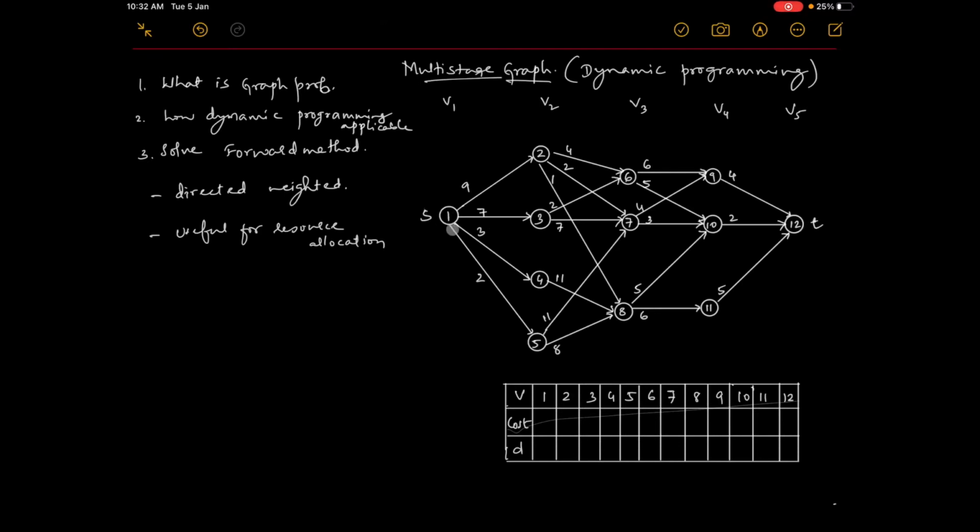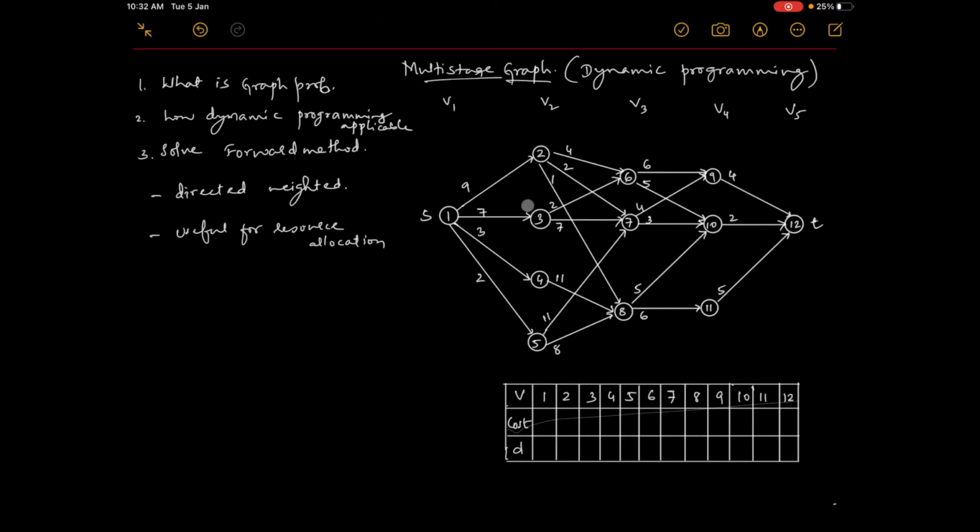You can go from 1 to 2 or 2 to 3, so you have to take the best decision. So how do we solve it? In dynamic programming, what is the other rule? We solve all the possible solutions and choose the best out of them. So here we have to travel all the paths and then choose whichever is the best.